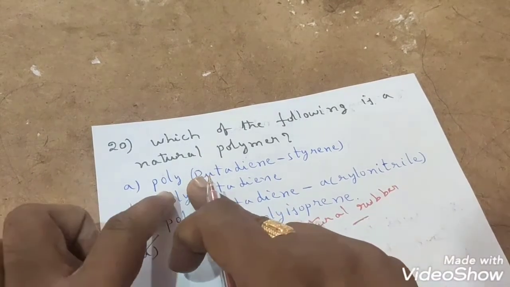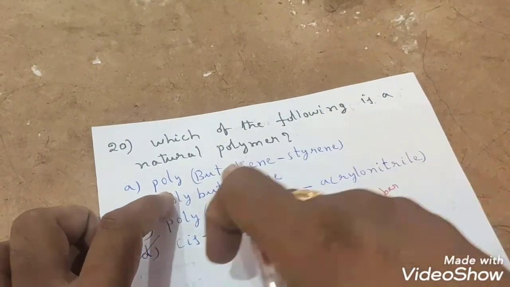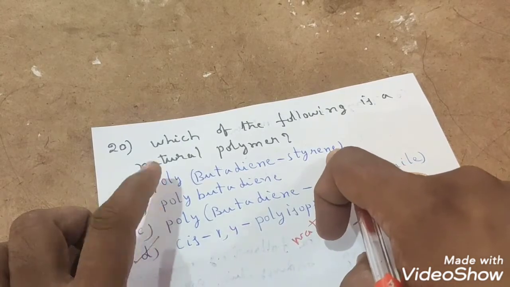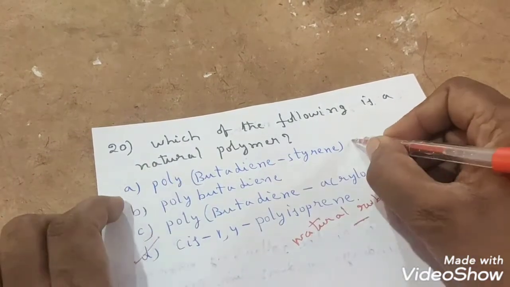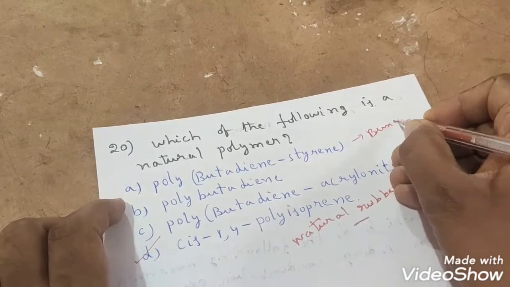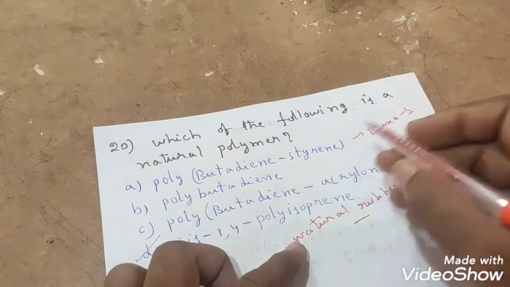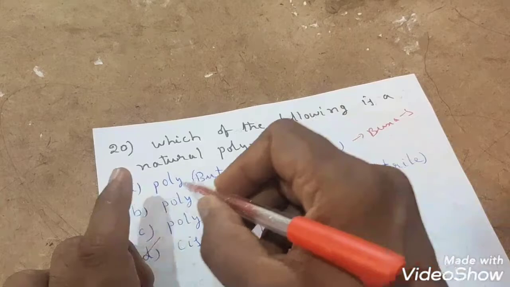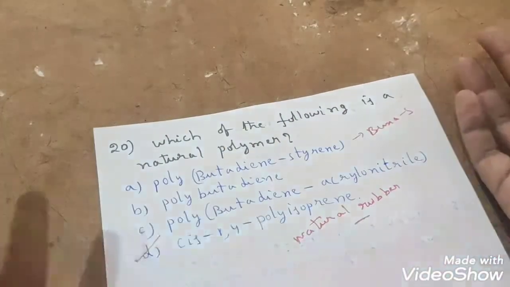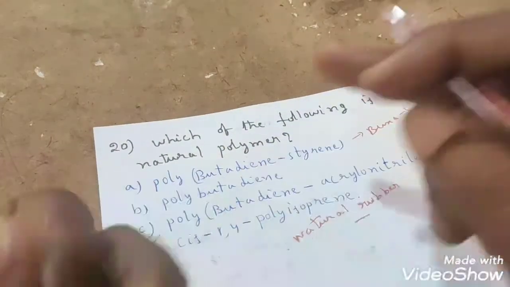And here, if you observe, polybutadiene styrene means n moles of butadiene and n moles of styrene will undergo polymerization and produce what? Buna-S. Buna-S is man-made. This one is only polybutadiene, they have given the polymer name.